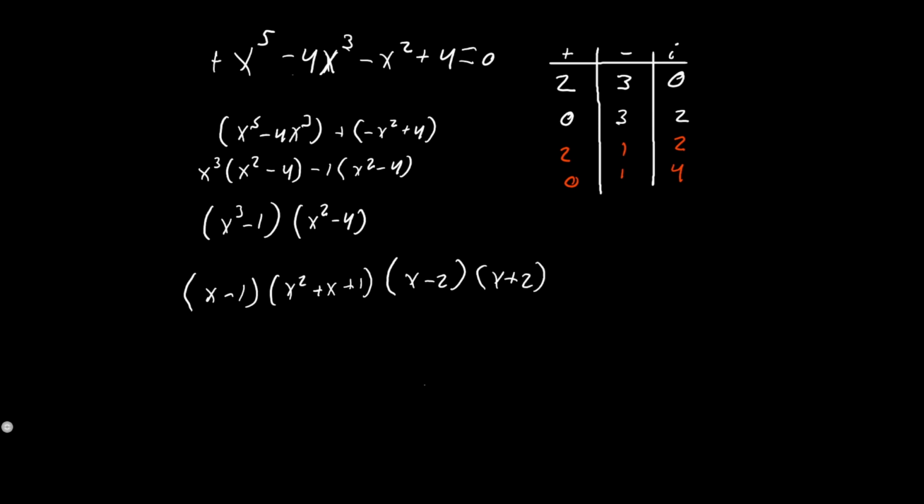So here we can solve for x now. We get x is equal to positive 1, which is one of our solutions. And we have 1 positive and 2 positive solutions. And here we have 1 negative.